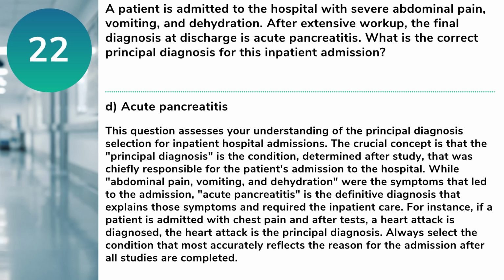While abdominal pain, vomiting, and dehydration were the symptoms that led to the admission, acute pancreatitis is the definitive diagnosis that explains those symptoms and required the inpatient care. For instance, if a patient is admitted with chest pain and after tests, a heart attack is diagnosed, the heart attack is the principal diagnosis. Always select the condition that most accurately reflects the reason for the admission after all studies are completed.